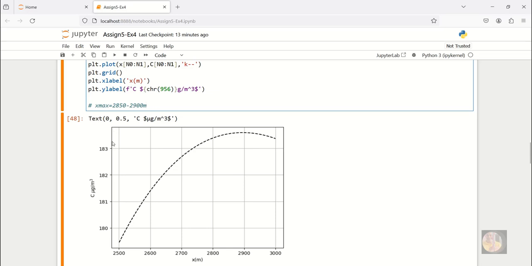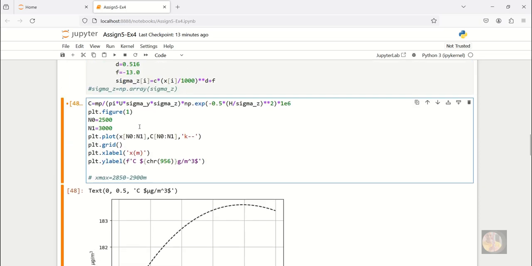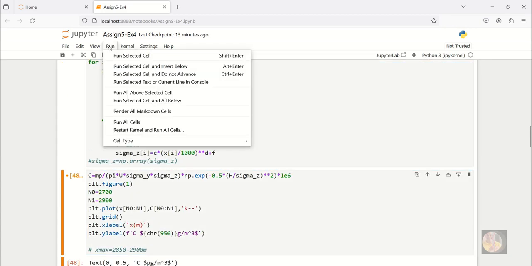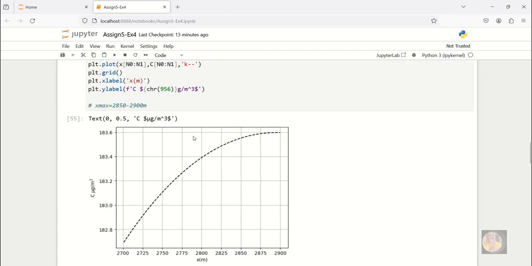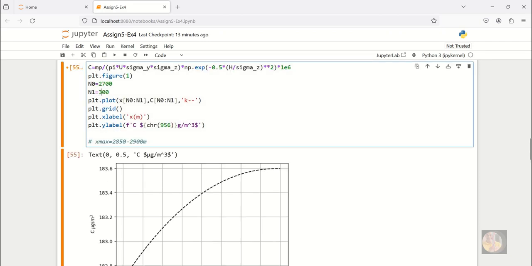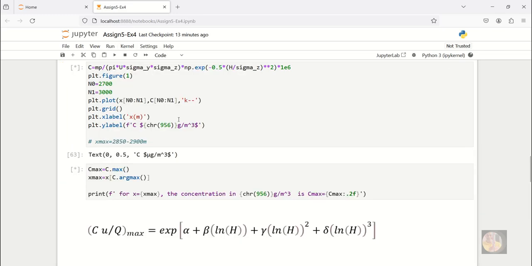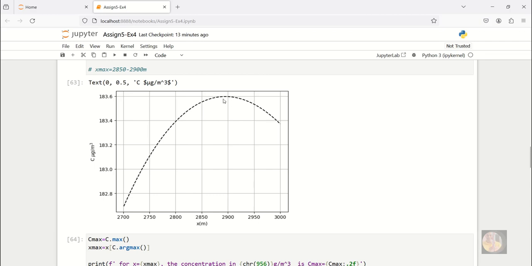Your c max also you can tune here. If you go further, you can put even this value, like 700 to 900, for example. Something like this, and run all the cells. You will find that the maximum is maybe here, 3,000. If I put 3,000 and run all the cells, I have a value about 1.